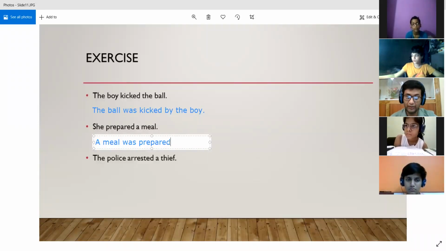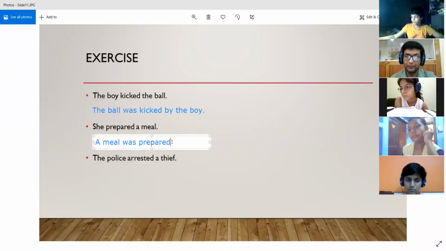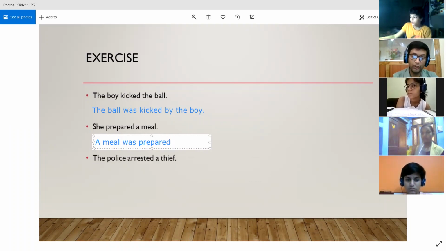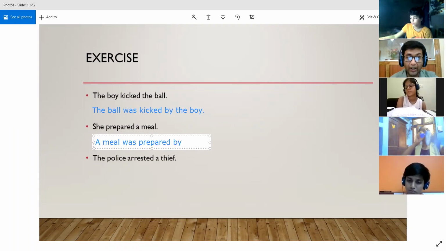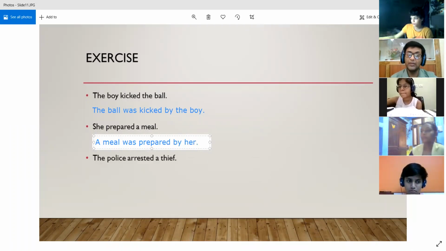So we are using the third form of the verb prepare, that is prepared. We are placing was, that is the correct form of the be verb over here. So a meal was prepared. Then we are going to add the preposition by. And what is the object form of she? It is her. That is why we are placing her over here. So a meal was prepared by her.